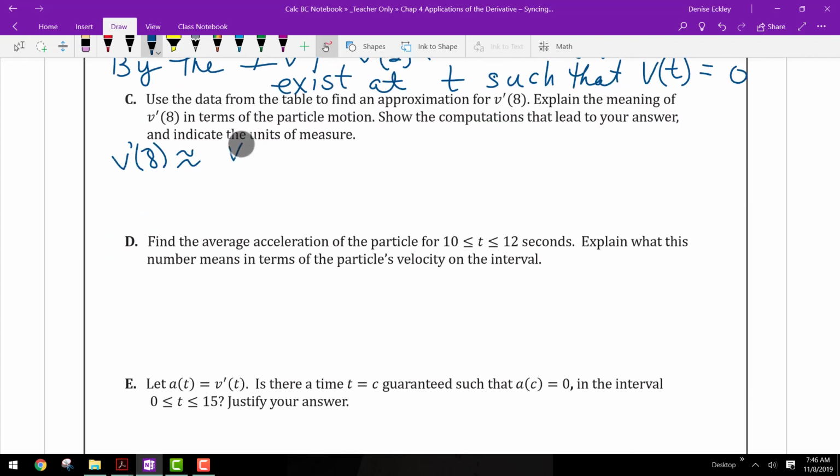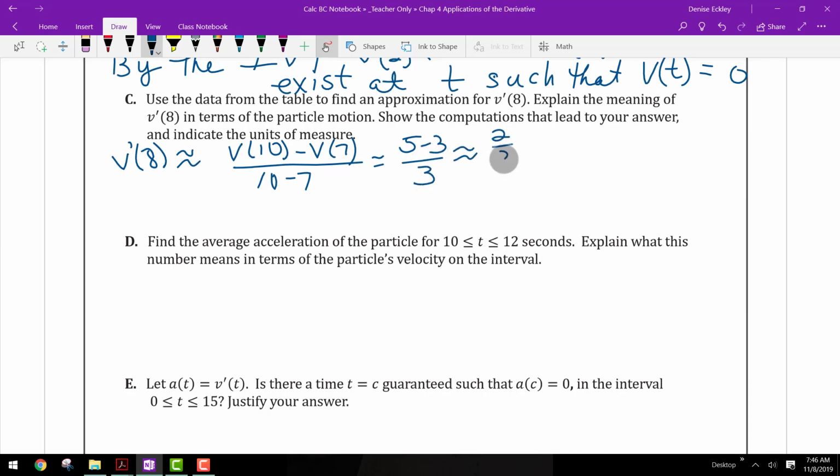So we're going to do v of 10 minus v of 7 over 10 minus 7. So this is equal to 5 minus 3 over 3. So our slope is approximately 2/3 feet per second squared. Okay? Explain the meaning. That's the only thing we haven't done. We've shown the units, we've shown our work.